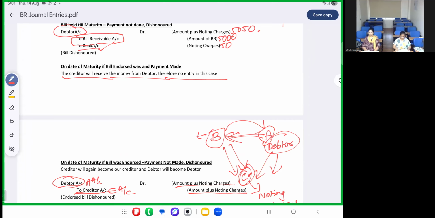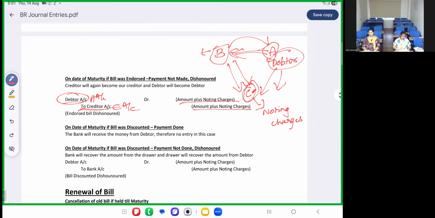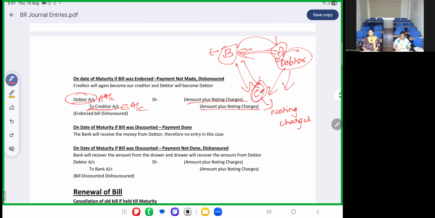So when the discounted bill is dishonored, what will we do? The bank will collect the amount plus noting charges from us. So we have to pay the amount plus noting charges. We will collect it from whom? The debtor. So debtor account to bank account.